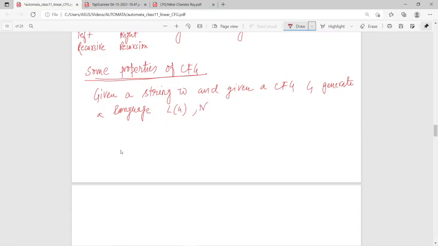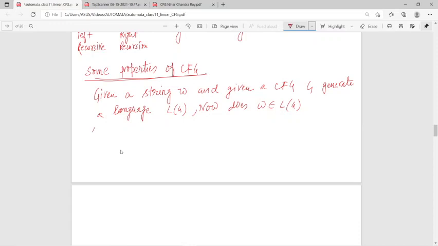Now the question is, does this particular string belong to the language? That means we have a string and we have a CFG, and that CFG will generate the language. Now whether this particular string will belong to the language, that is the question.